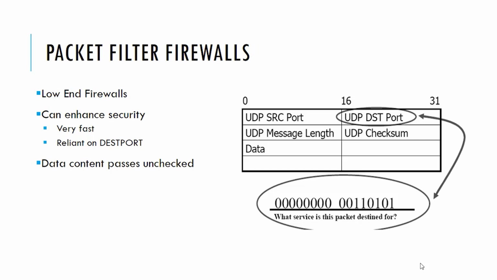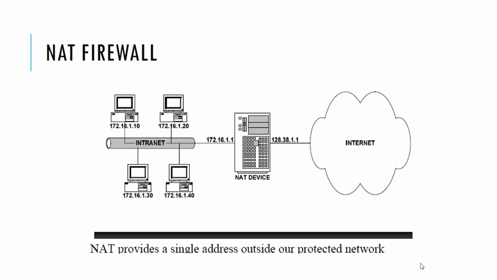The data content may contain some malicious code, may be dangerous, may be unwanted traffic. So this type of firewall will be susceptible to attacks that depend on the content, because the content passes unchecked.